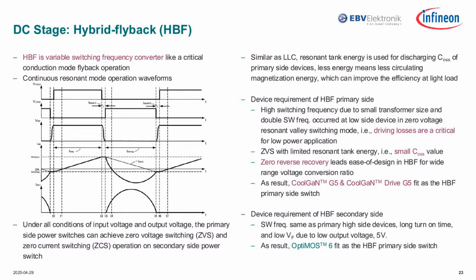So low driving losses means GaN is a good option. That's why we recommend the gallium nitride device on the hybrid flyback primary side. Also, under certain abnormal conditions, we need a robust body diode with low driving losses. So this is also one of the reasons GaN is selected here.